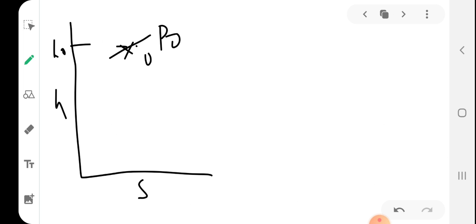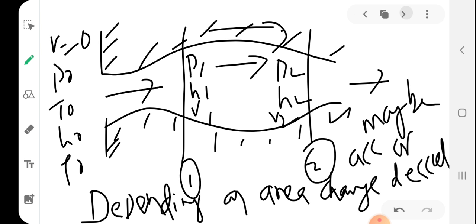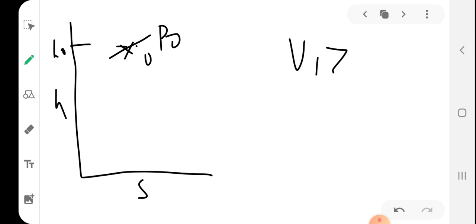So accelerating from 1 to 2 means, since the flow is accelerating, the velocity at the initial section 1 will be lower than at 2, right? So V1 will be less than V2 because it is accelerating from 1 to 2. So 2 will be having higher velocity than 1, right?